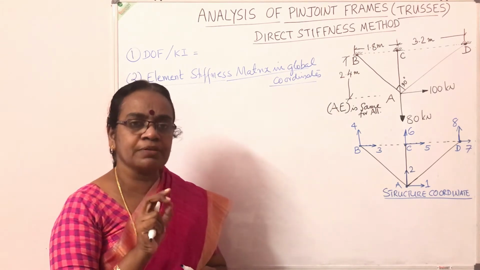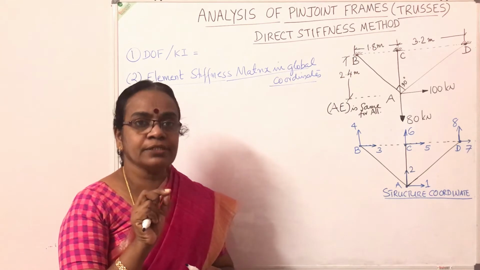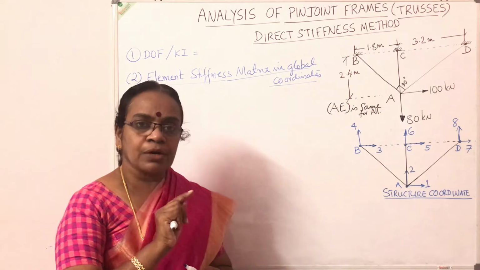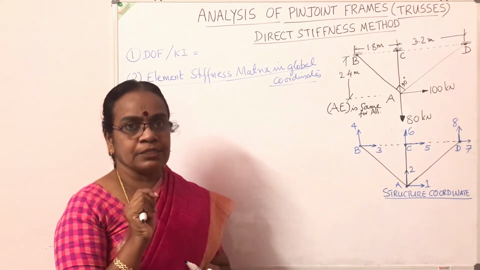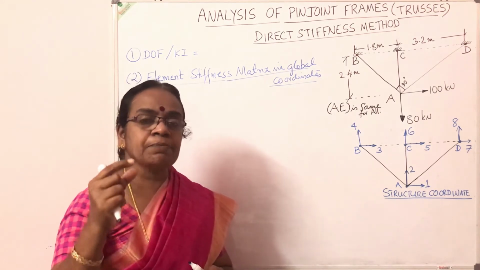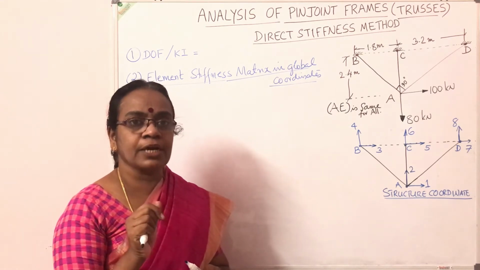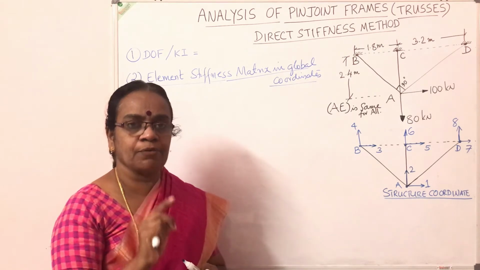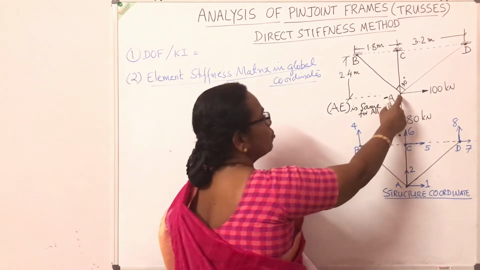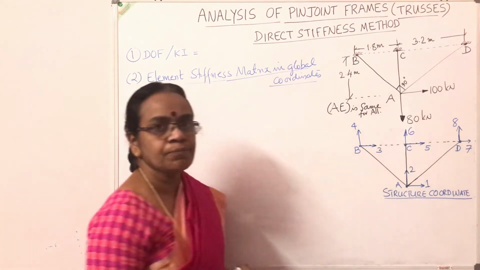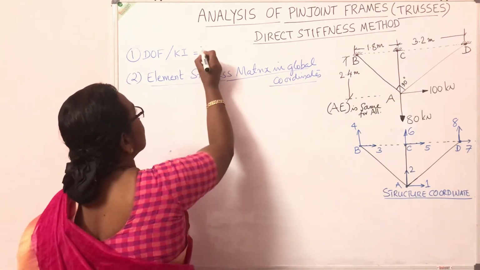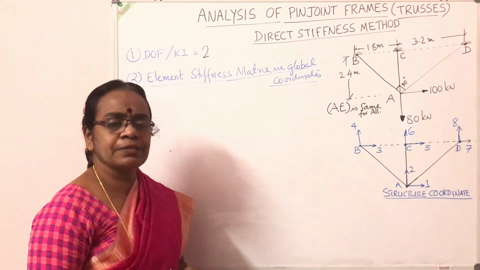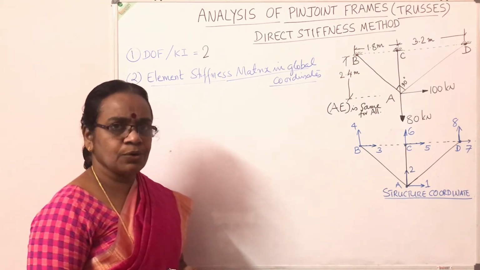The two possible movements at a joint or node of a truss are one horizontal displacement and one vertical displacement. There is no rotation, since the members being pin connected are free to rotate. So the only possible movement here is the displacement of joint A. So the degree of freedom is 2, the horizontal and vertical displacement of joint A, the loaded joint.